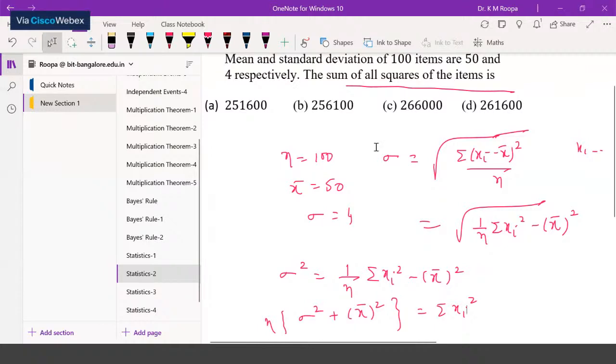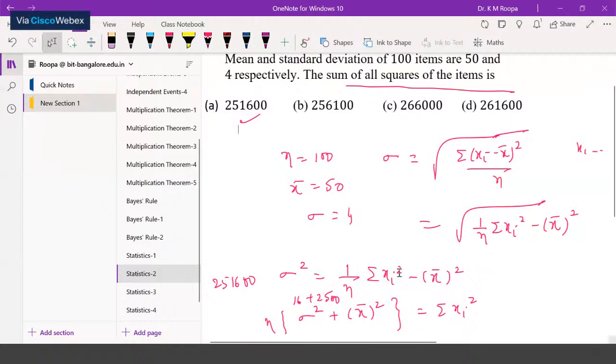X bar they gave 50, so 2500. That is 2516. N is 100. Multiply that. What's the answer? I'm doing it orally only. 2516 into 100. What's the answer? A is the answer, right? A is the answer. I think it is clear. Please give me a quick answer. Yes or no?